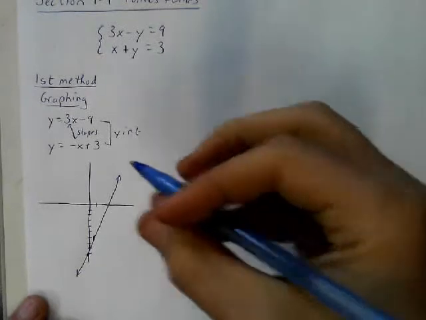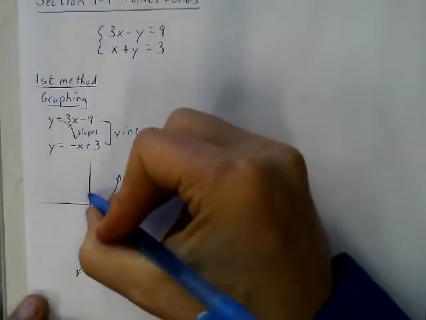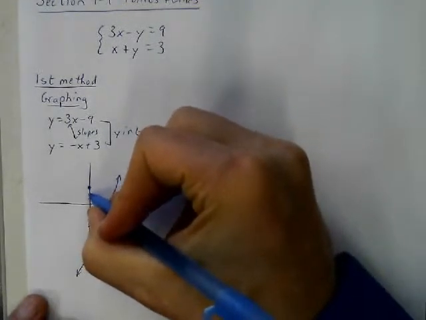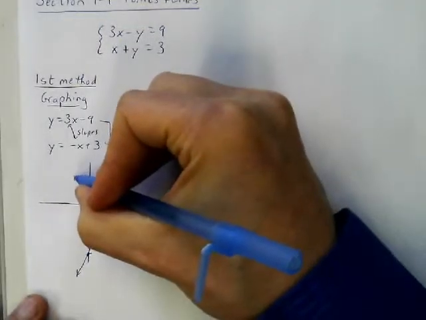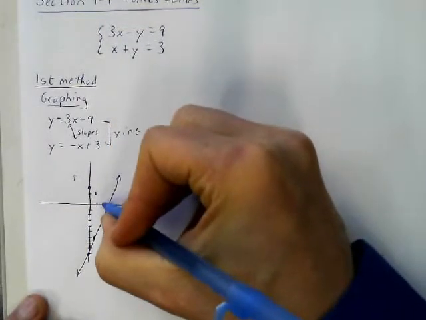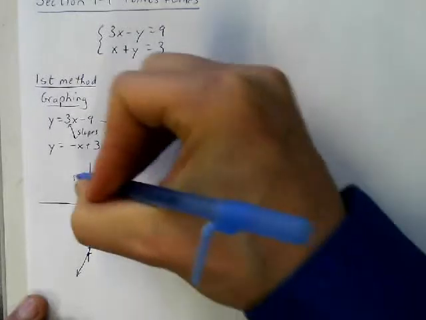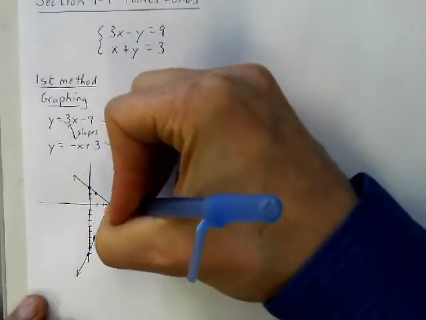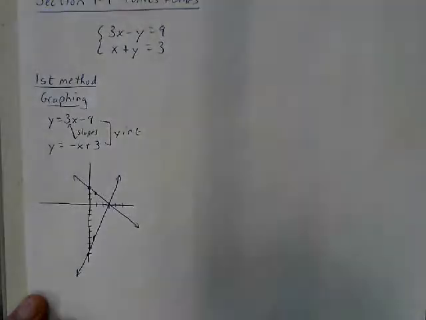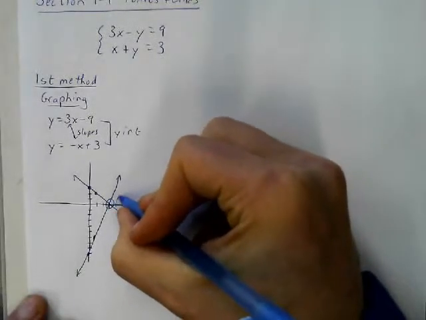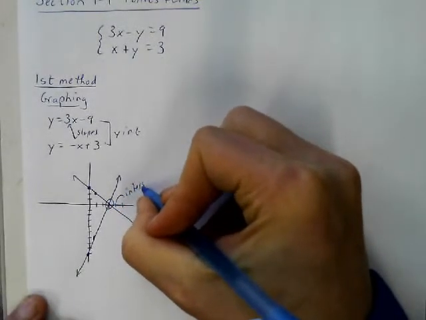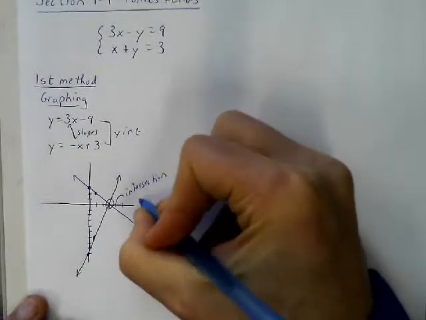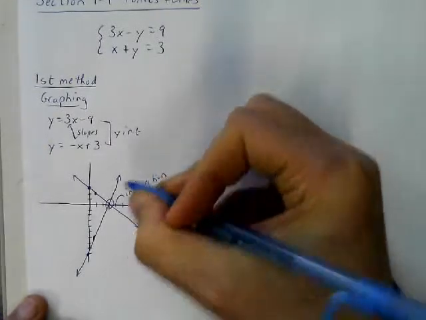The second equation would start at plus 3 and go down 1 over 1. This intersection point represents the solution, and it appears to be the point 3, 0.